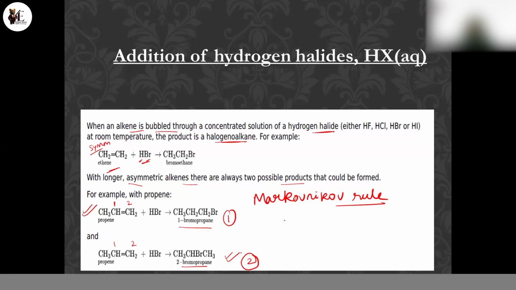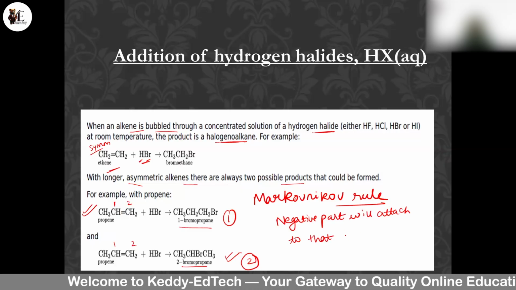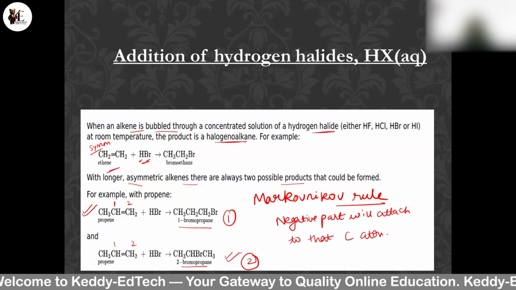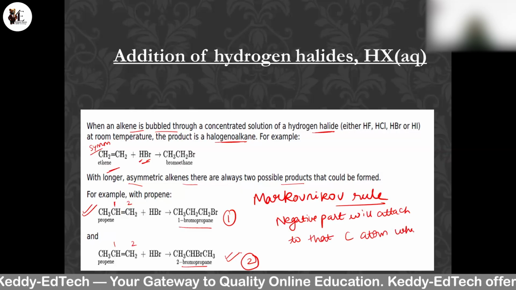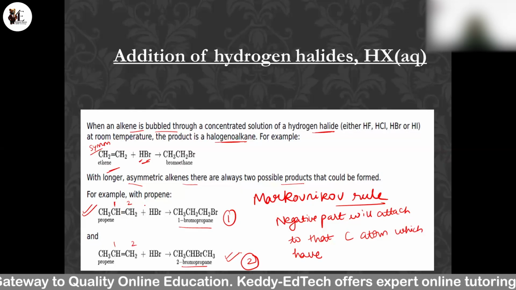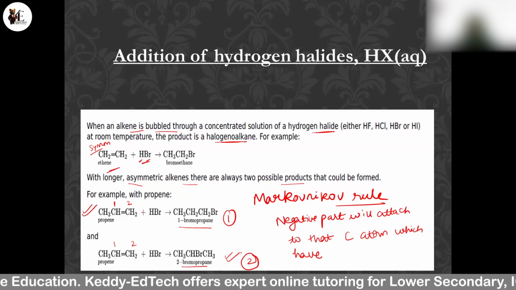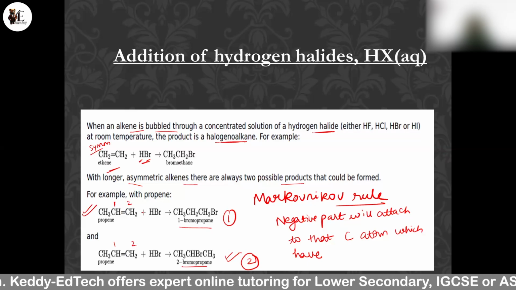It states that the negative part will attach to that carbon atom which has fewer hydrogens. Here in HBr, which is the negative part, H or Br? Tell me.